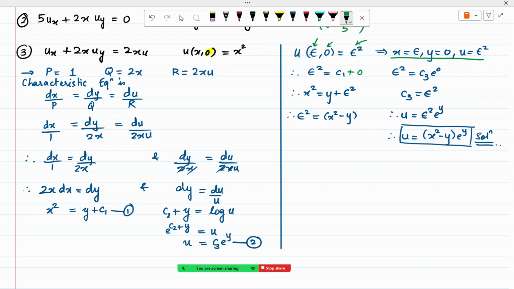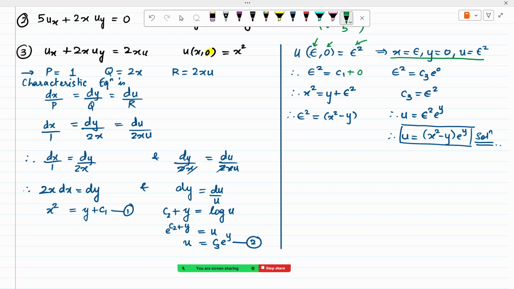Your target is to get an equation which is free from arbitrary variables, which has your dependent variable and independent variables. It could have constants but not arbitrary variables. Okay, C1, C2, C3 are arbitrary. Arbitrary meaning their values can change depending on the initial conditions which we put. So constants are fixed, but arbitrary constants keep changing.